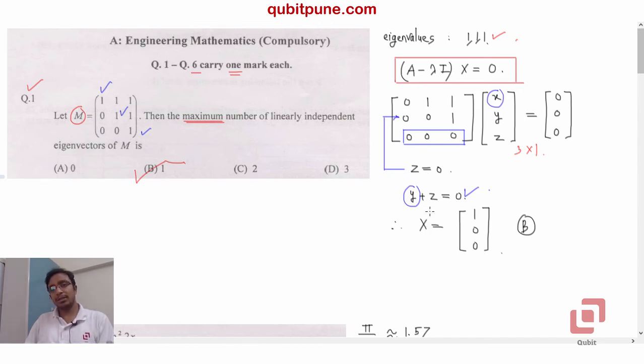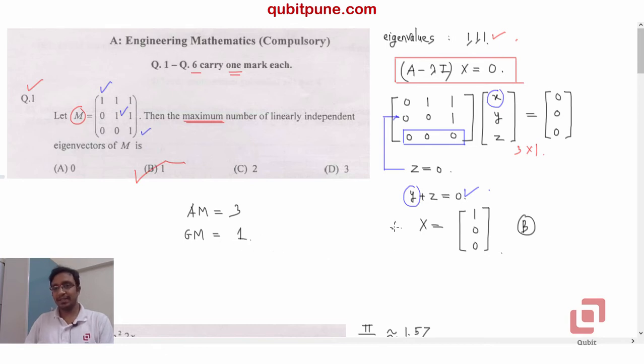Algebraic multiplicity tells us how many times that root is there, so 3 times here, and geometric multiplicity tells us how many linearly independent eigenvectors are there corresponding to that eigenvalue. So in this case the algebraic multiplicity is 3 and the geometric multiplicity is 1.